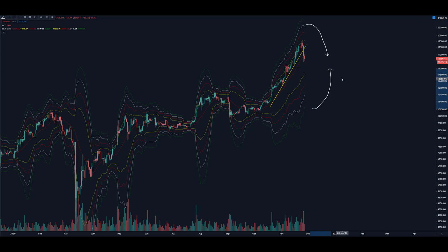And it may take a while. And during this pinching process where the Bollinger Bands or standard deviation bands pinch towards the median, in this case, price could then make a trajectory to maybe the 14, 13K before rising again.